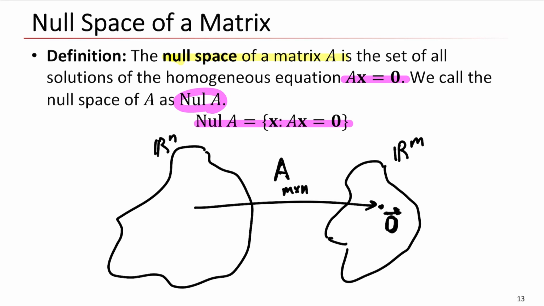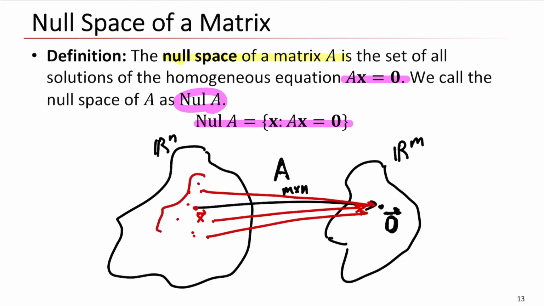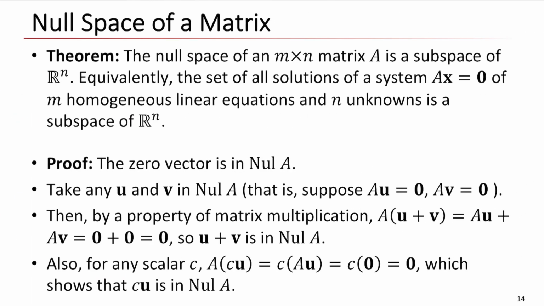Then there are possible vectors x that satisfy this. So all possible x that satisfy Ax equals 0 is called the null space of matrix A. Okay, so this is the definition of the null space.